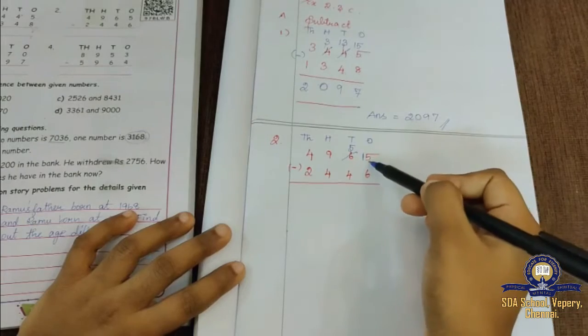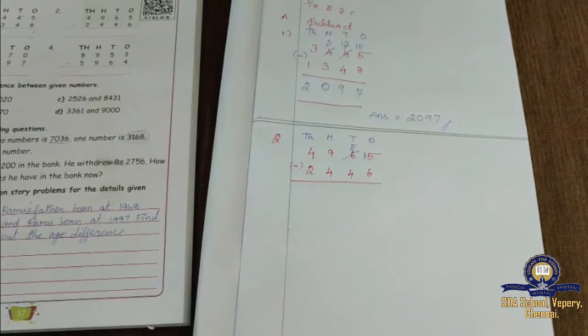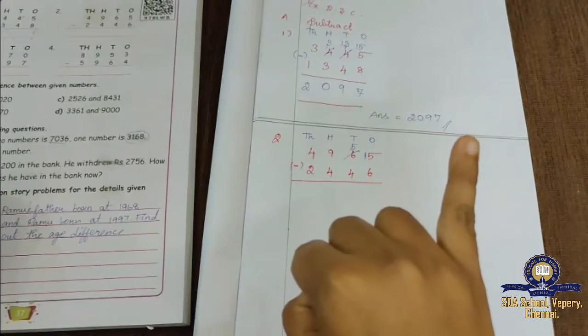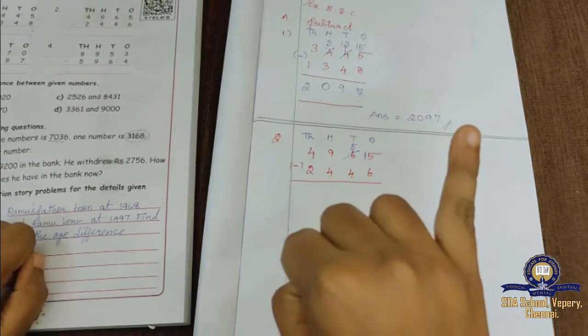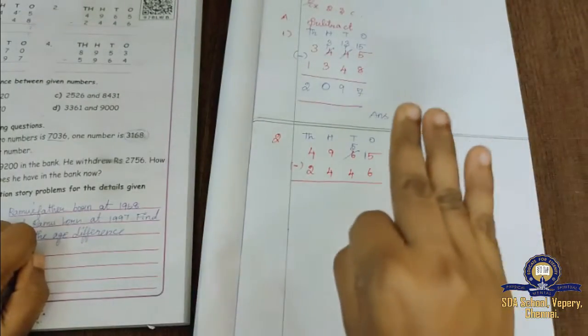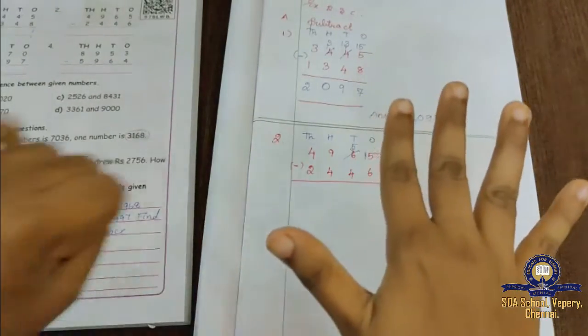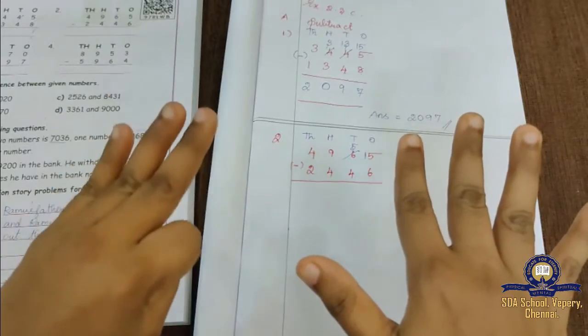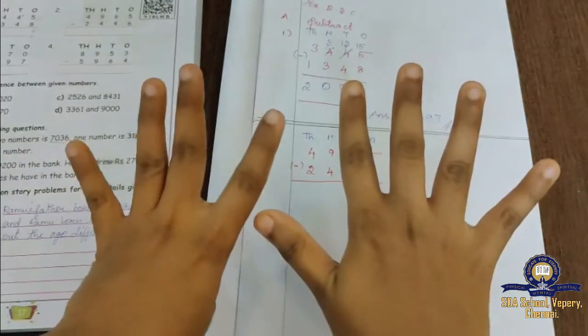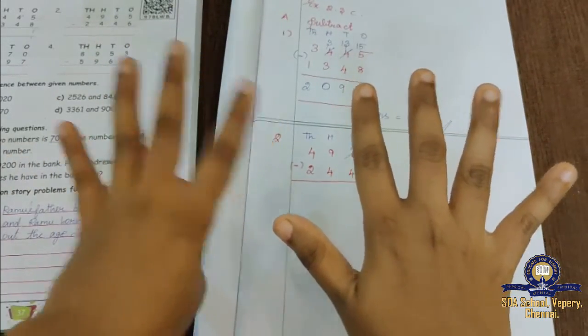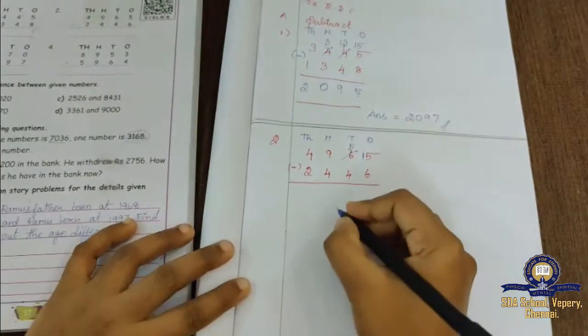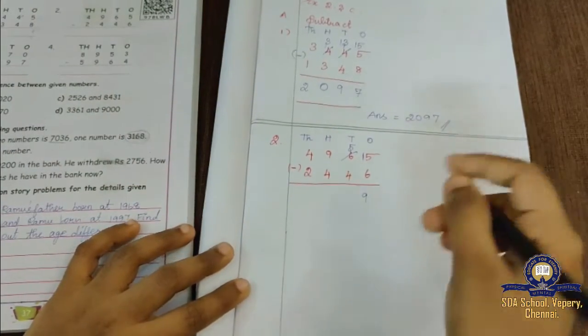So what is 15 minus 6? Count from 6: 7, 8, 9, 10, 11, 12, 13, 14, 15. How many numbers are there? 9. So the answer is 9.